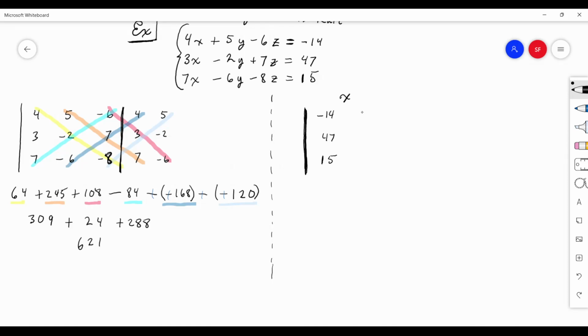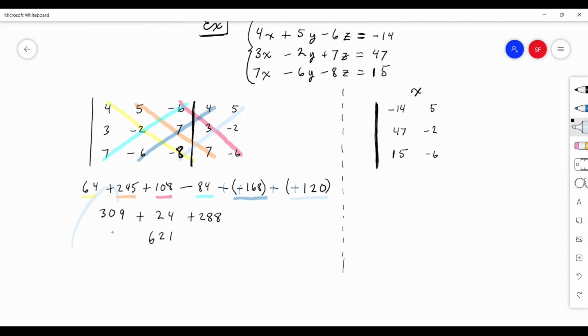Yep. I am correct. Where are you confused, buddy? Are you confused with the arithmetic part that's right here? Okay, so check your math. Punch it all in at once. I did, and I got the same number I did when I did the first 3 numbers. Do 64 plus 245 plus 108 minus 84 plus 168 plus 120.